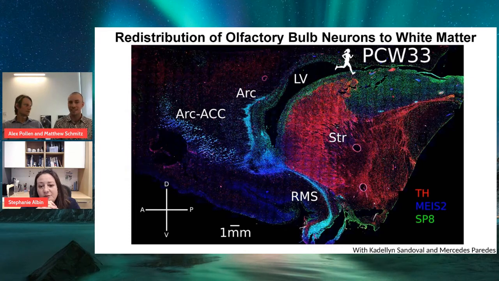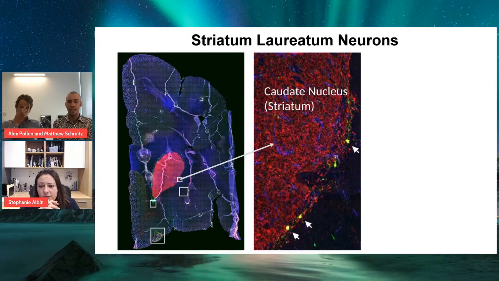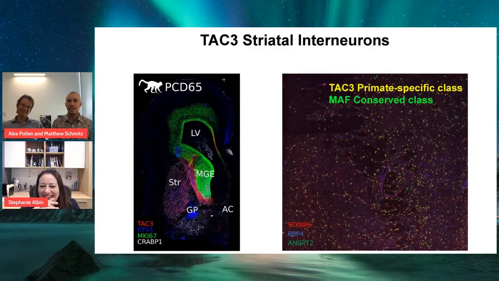But we were really lucky in looking at our data to find one of those examples of a totally new cell type, and those are the striatal interneurons. These TAC3 positive cells that Fenna found last year. But she found them in the adult brain.